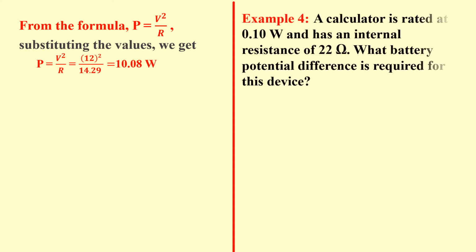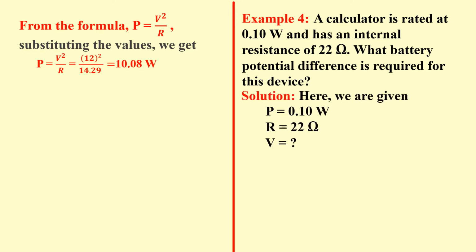Example number 4. A calculator is rated at 0.10 watt and has an internal resistance of 22 ohms. What battery potential difference is required for this device? Here we are given the power, which is 0.10 watt.